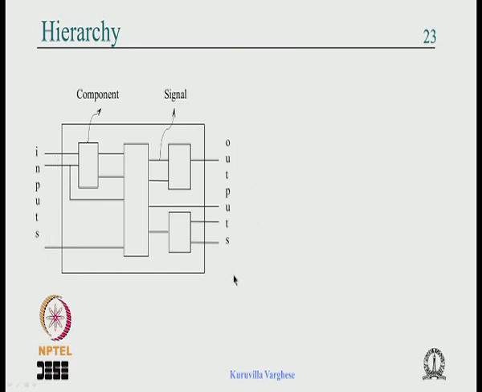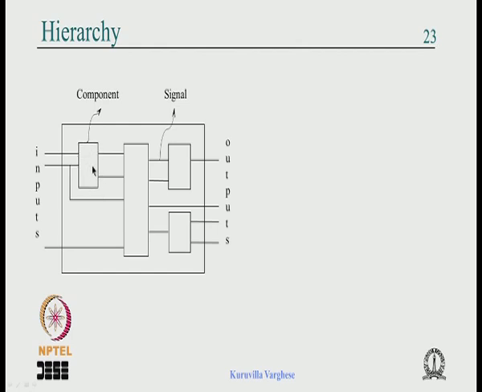Now the game is that we are not going to describe the behavior of the circuit, but we are going to say the architecture of this entity is composed of the interconnection of various components. That is what is going to be stated in the architecture statement region, and for that we need to say what are the components used.